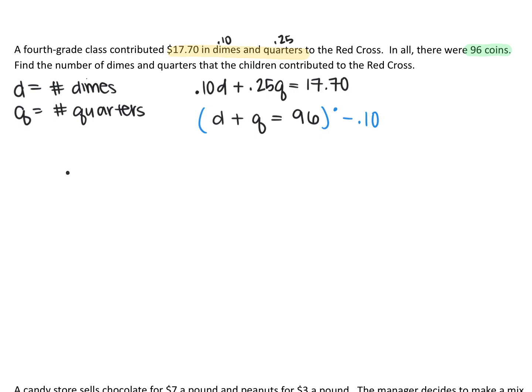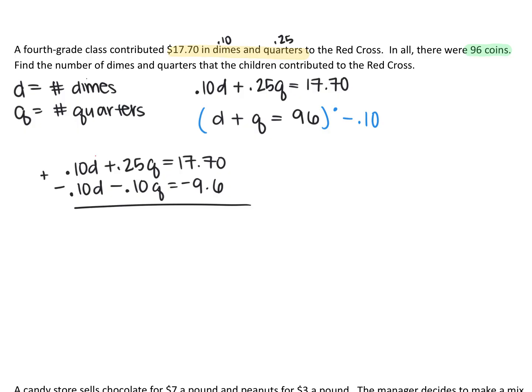So our first equation doesn't change: 0.10D plus 0.25Q equals the 1770. Our second equation is negative 0.10D minus 0.10Q equals negative 9.6.